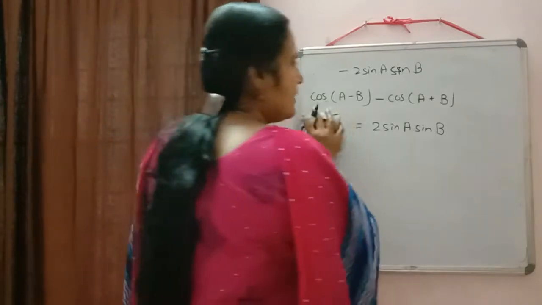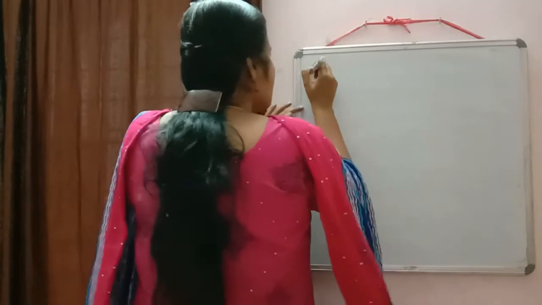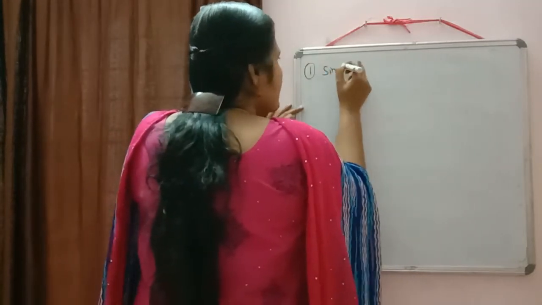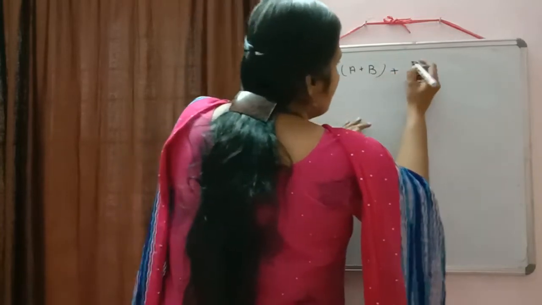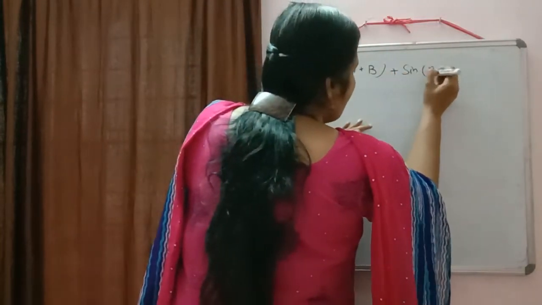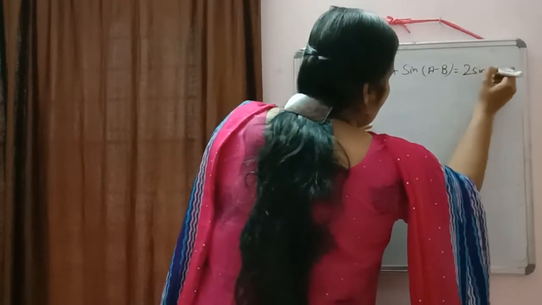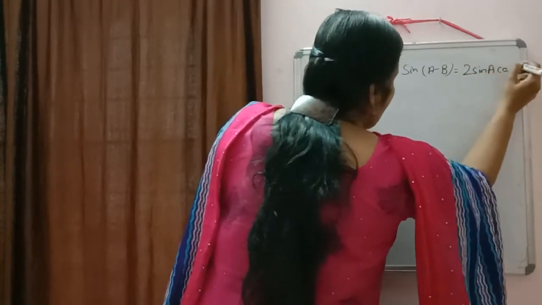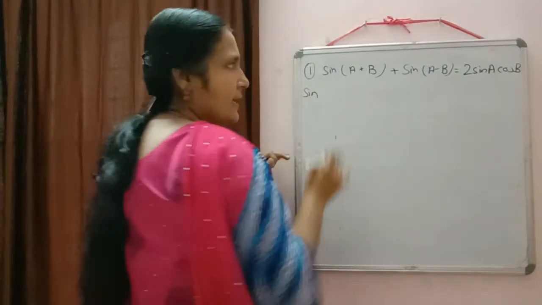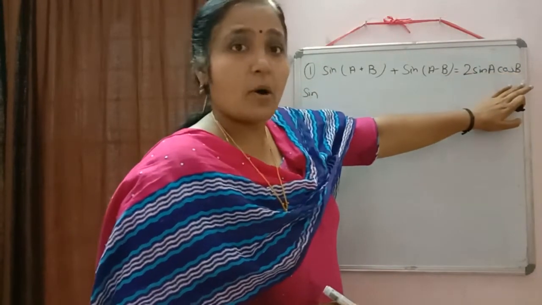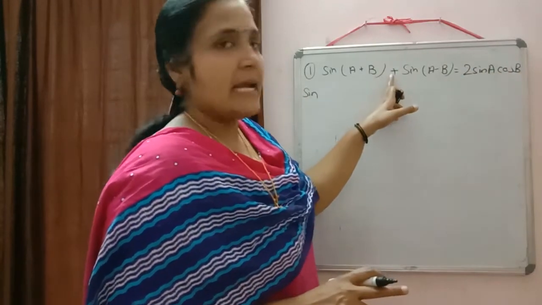So in this way we got the 4 formulas, correct? Once again we can write down the formulas. The first one is sin(A+B) plus sin(A−B) is equal to 2 sin A cos B. When you remember this, in the case of sin and cos, both will come, but the first one will be sin in case of addition.